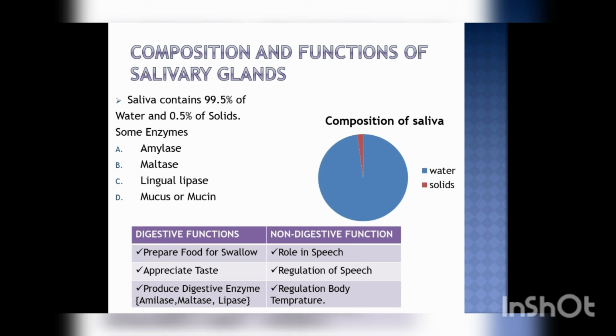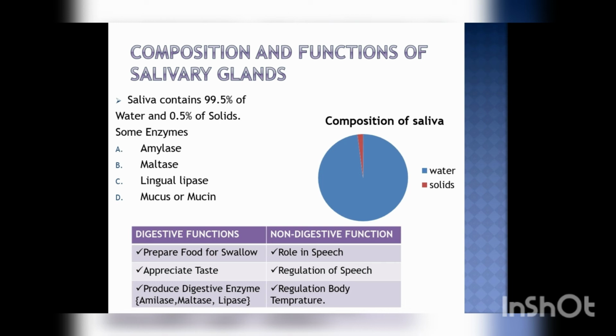Other organic substances are mucin, albumin, immunoglobulin A and non-protein nitrogen. Inorganic substances are sodium, calcium, potassium, chloride, fluoride, phosphates, and gases like oxygen, carbon dioxide, and nitrogen. Normally, glucose is absent in saliva, but it is found in saliva during diabetes mellitus.